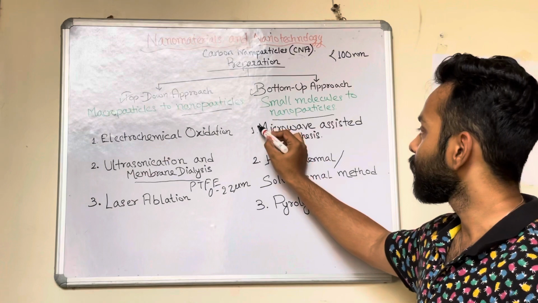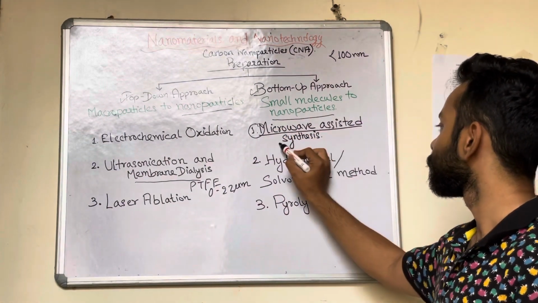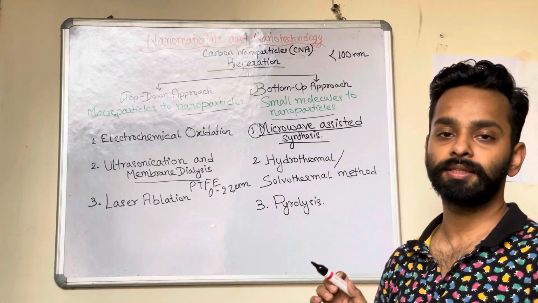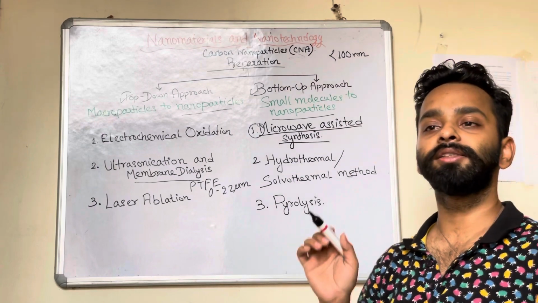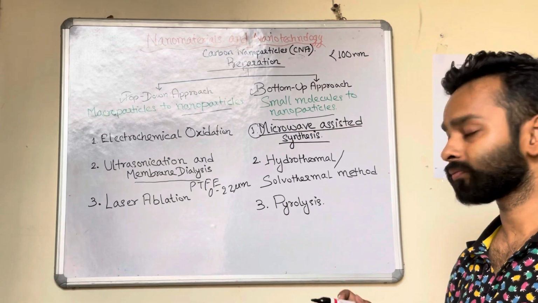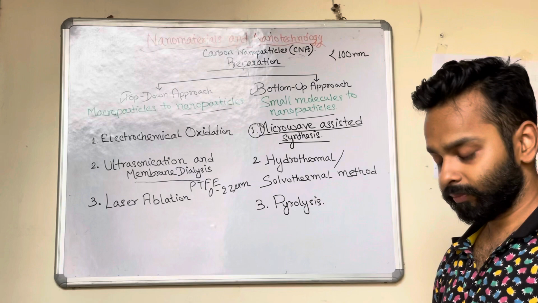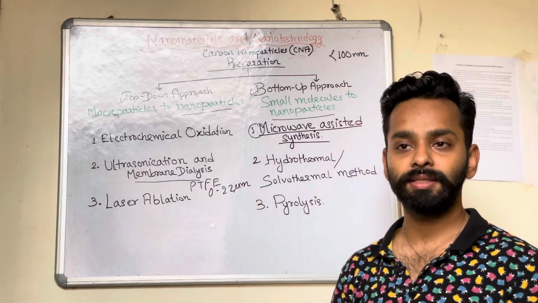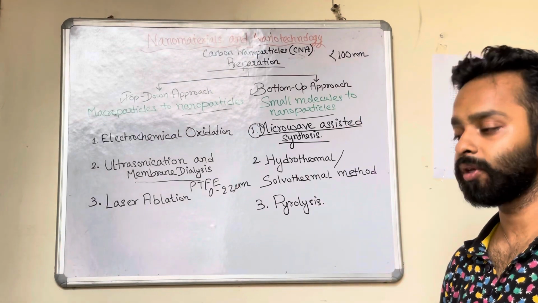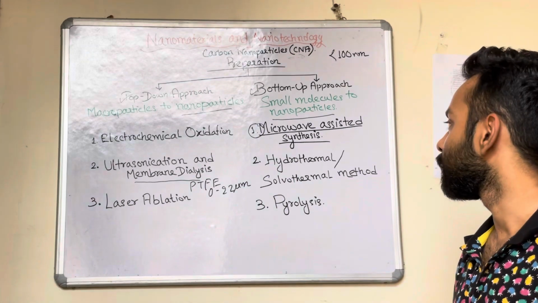The first one is microwave assisted synthesis. As the name suggests, the external energy source is microwave radiation, which is used to synthesize these carbon nanomaterials. A microwave synthesizer can be used. Basically, any microwave oven can be used for the synthesis of carbon nanomaterial using this method.